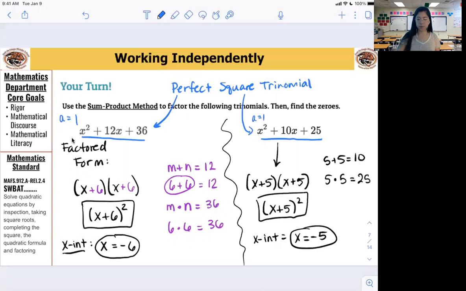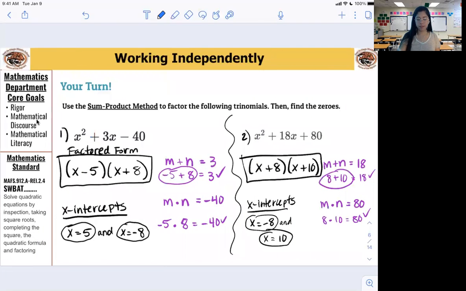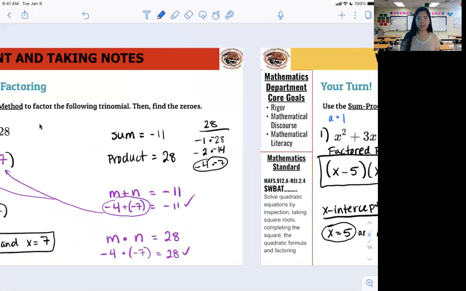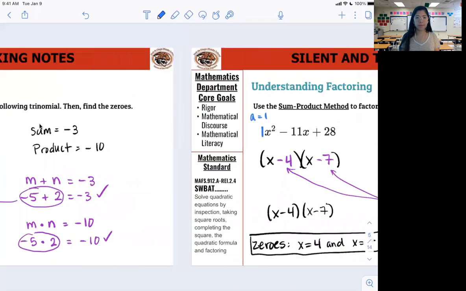Same thing here, A equals 1. How about here? One. Over here, 1. Every example we've done so far, the number in the front, the leading coefficient, has been 1 on all of them.